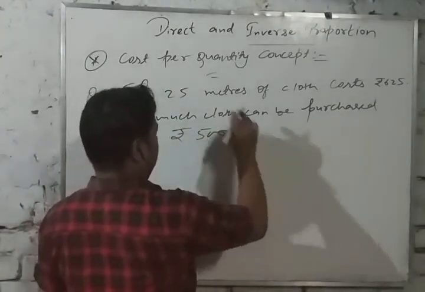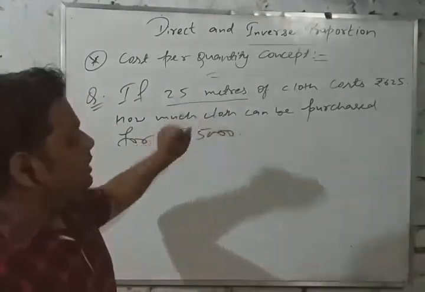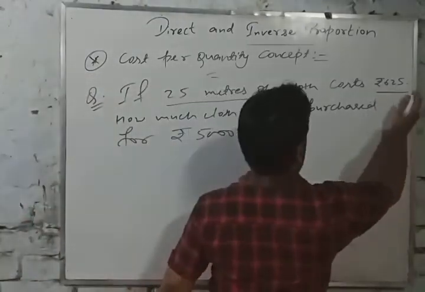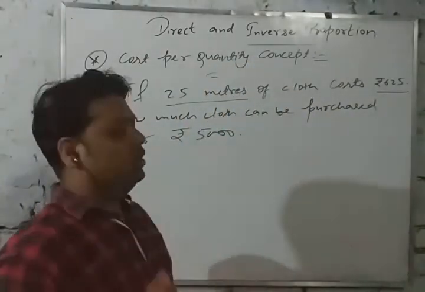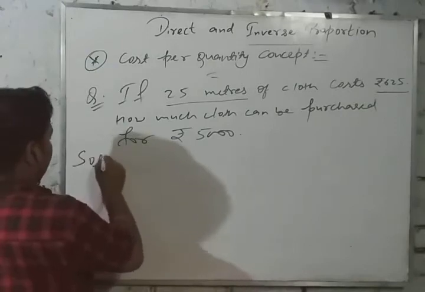Now here you can see that first 25 meters is given. It is the quantity, and it is the cost. So we will solve it with the cost per quantity concept. Let's see the solution first.